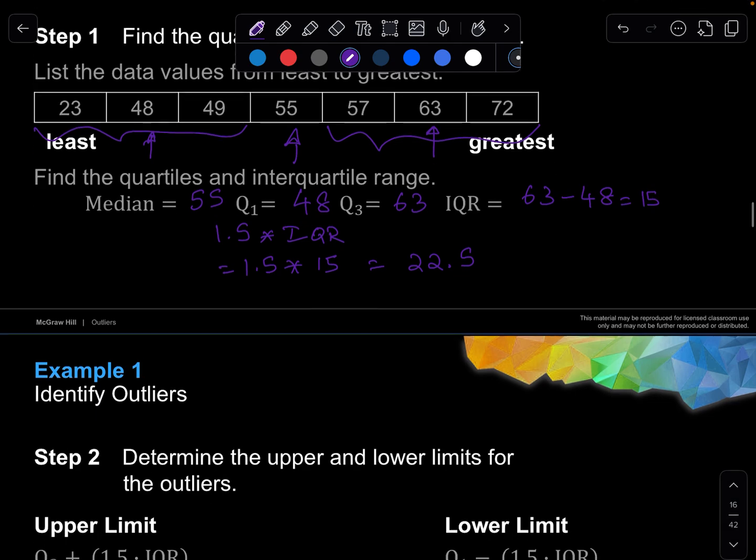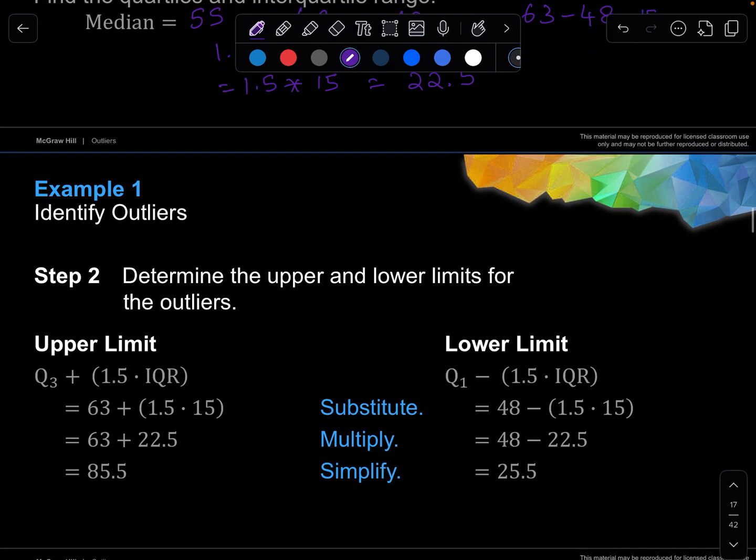All right. Now this will give me my lower limit and my upper limit. My upper limit is 63 plus 22.5, so that's 85.5. My lower limit is 48 minus 22.5, which gives me 25.5.